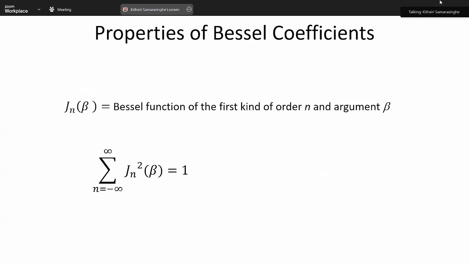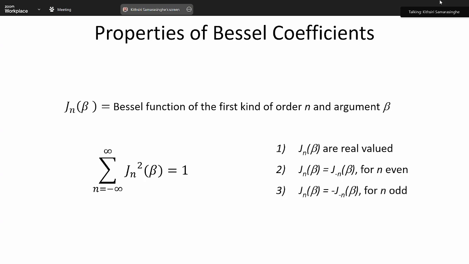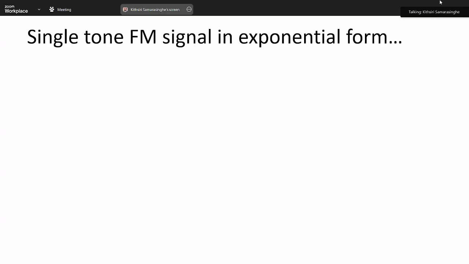Bessel coefficients have certain properties. They are real valued in the first place, and they are also symmetrical. Jn(beta) is the same as J minus n(beta) for n even; for n odd, it will be a minus value.